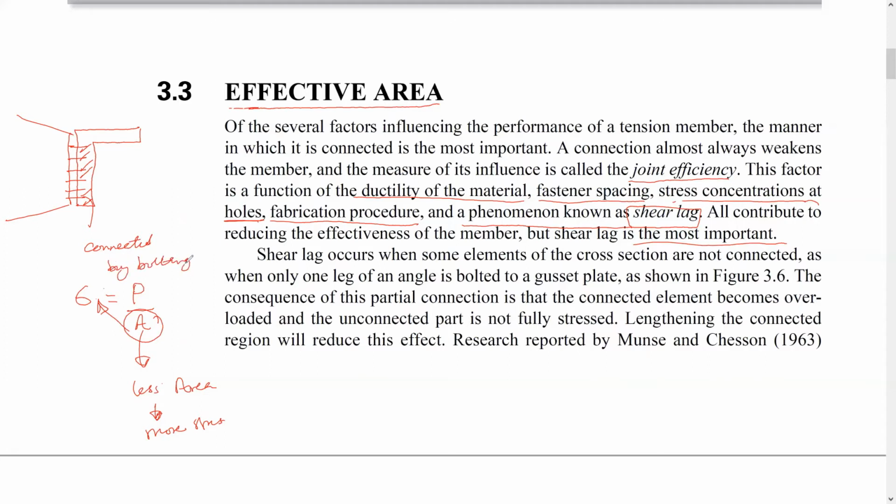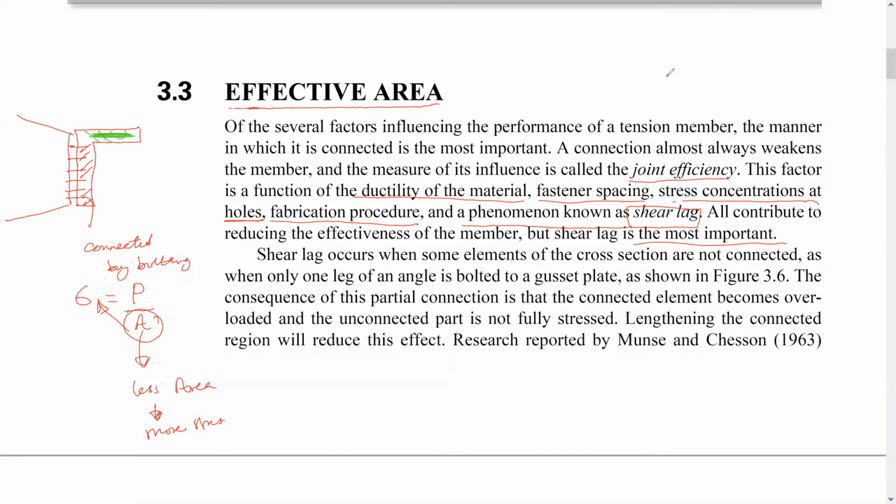It might be by welding, and the other one here is not connected. So in this case, you will see that one leg is overloaded and the other one is fully unstressed. يعني هاي عليها load وهاي فعليا is not loaded. So in this case we should consider the shear lag by reducing the effective net area. So هنا راح نعتبر هذا الفاكتور بنقلل من area reduction.